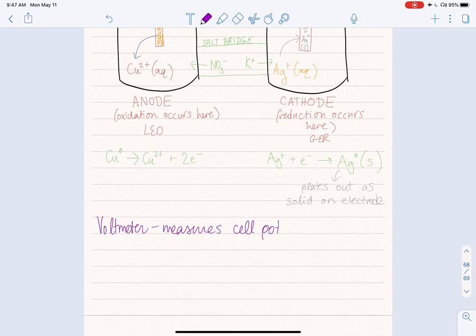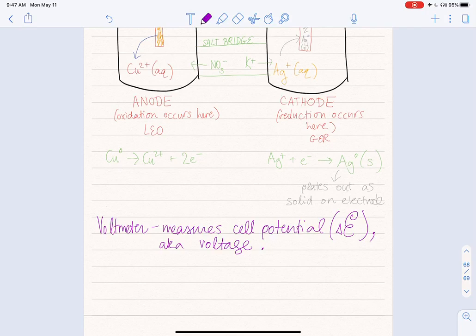Sometimes we just abbreviate that as cell potential. We abbreviate it as a delta, capital Greek letter, epsilon. Now, we also will call cell potential voltage. Sometimes I'll just say voltage a lot of times. Cell potential and voltage are exactly the same thing.